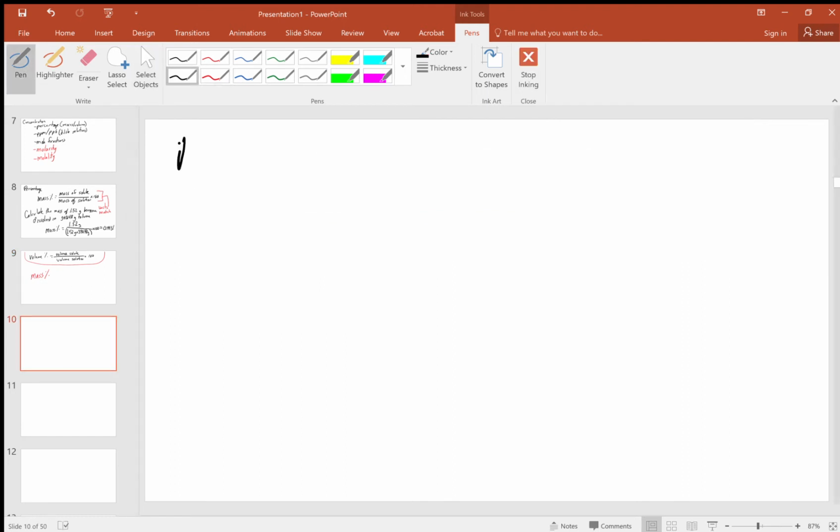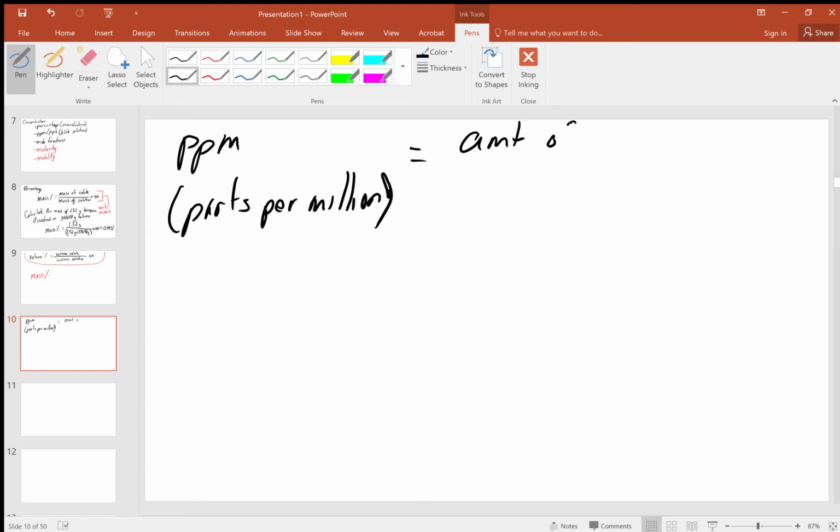All right, the next one is ppm, or parts per million. We calculate that as the amount of the solute divided by the amount of the solvent.